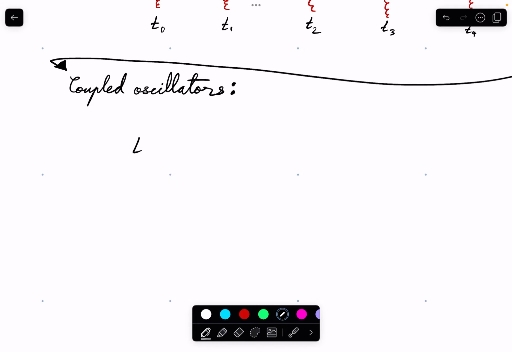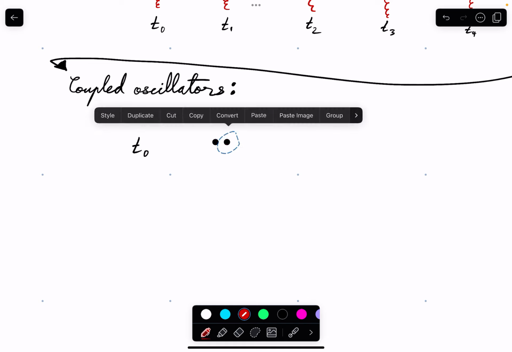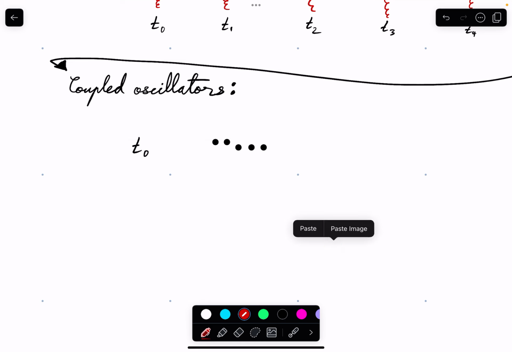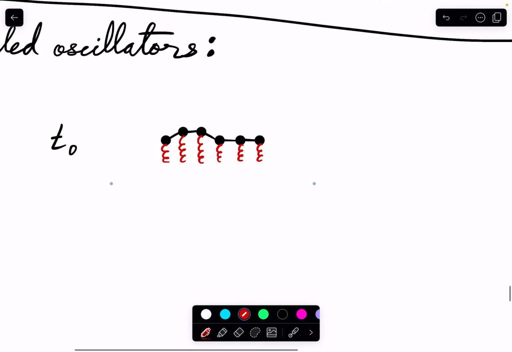So we'll consider the system first at some time t, and we can say that the system has some kind of initial discrepancy from equilibrium, so that each oscillator is coupled to the one immediately next to it.